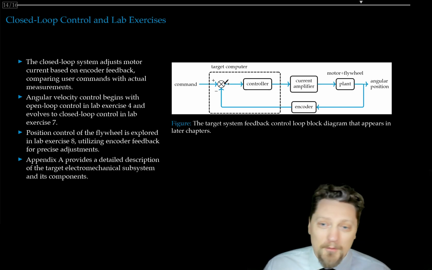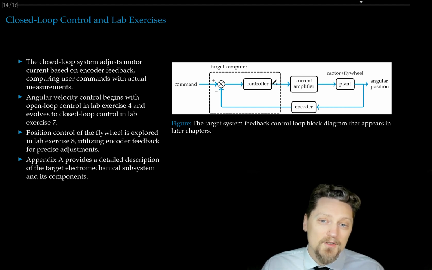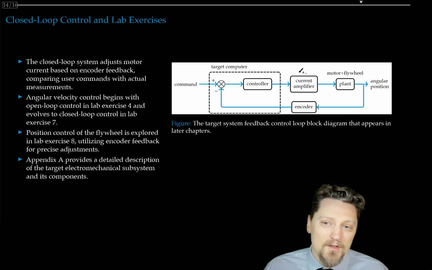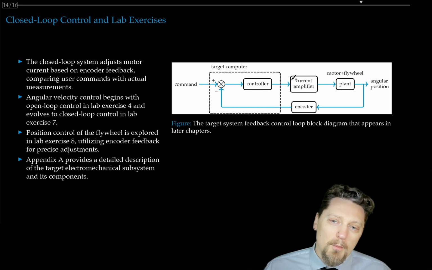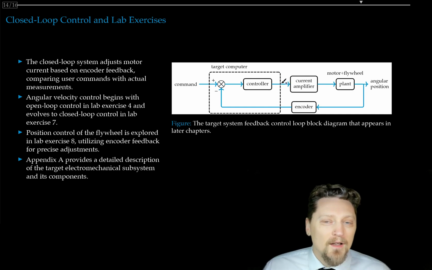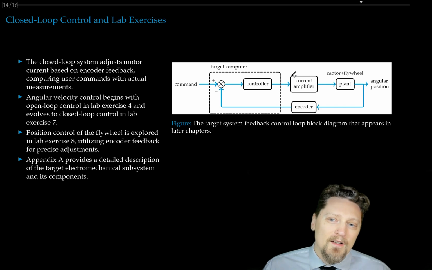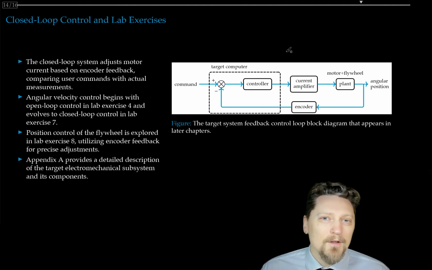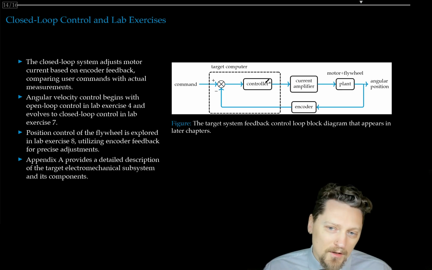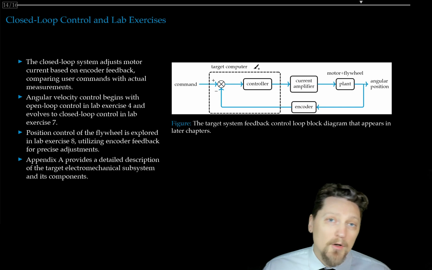In any case, though, we're going to feed it into the controller, which is going to decide what the control effort should be into the motor and flywheel, given that we have a certain error. That controller actually implements that control effort by signaling the current amplifier, which supplies current to the motor in accordance with what the controller wants to do at that point. So we'll learn how to design the controller and implement it in programming throughout this course.